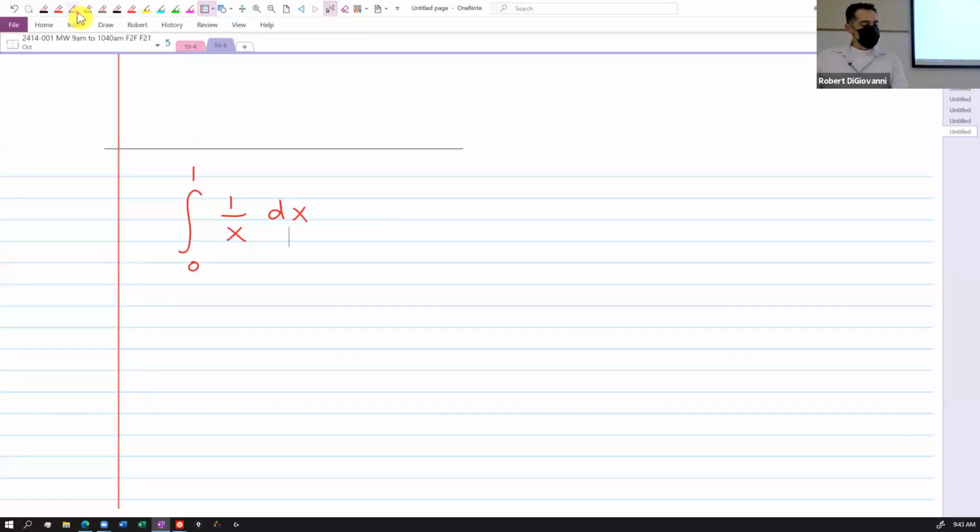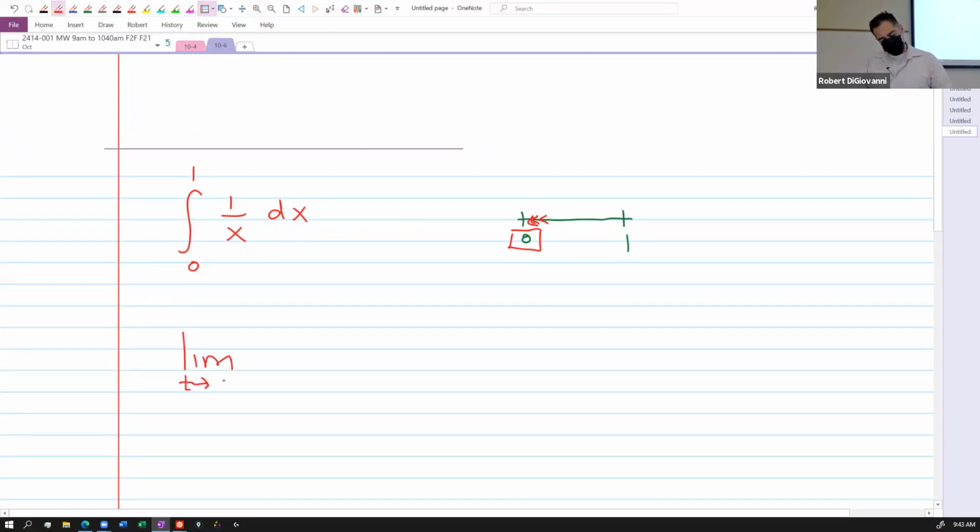Okay, look at the domain of this function. I'm going to draw the interval. I do have a problem at 0, a domain issue here. So again, just like the previous problem, I can't plug 0 into this, so I'm going to have to approach 0 from the right-hand side. So I'm going to rewrite this as a limit. T is approaching 0 from the right.